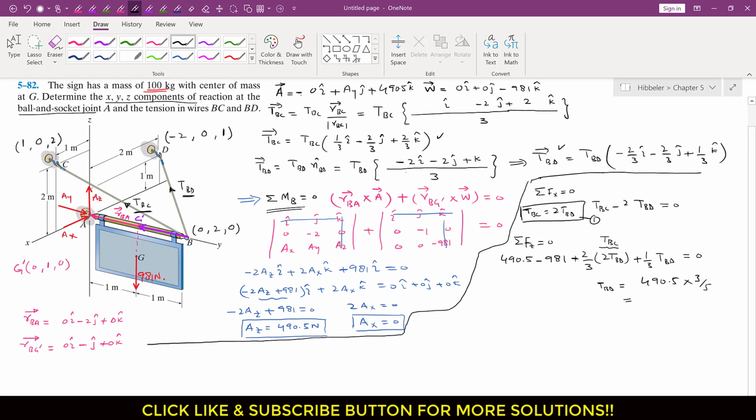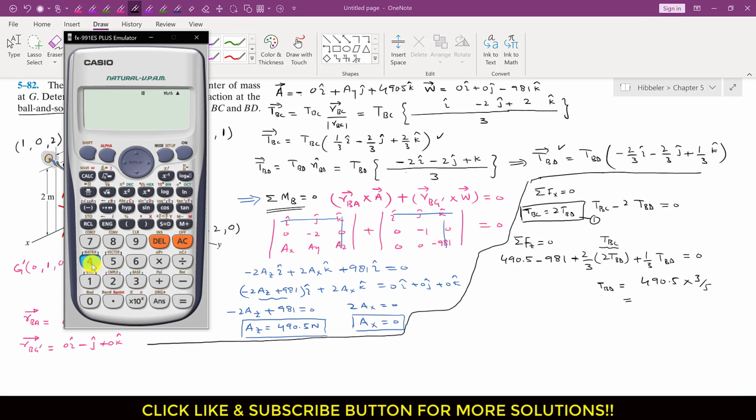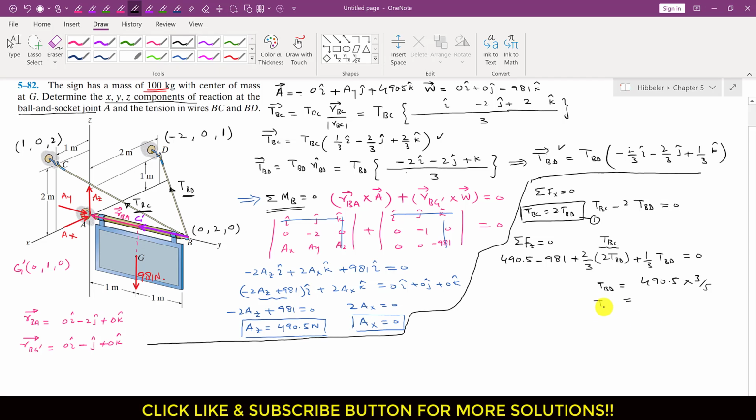So this is 490.5 into 3 divided by 5. So this gives us 294.3, right? So TBD is 294.3 newtons.